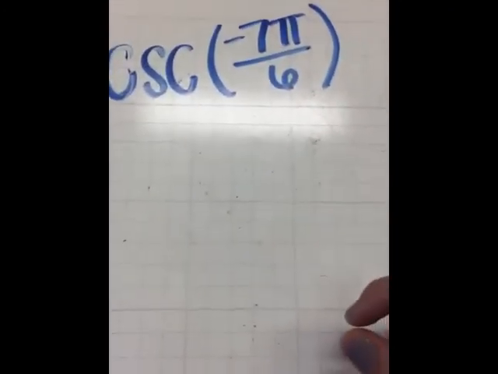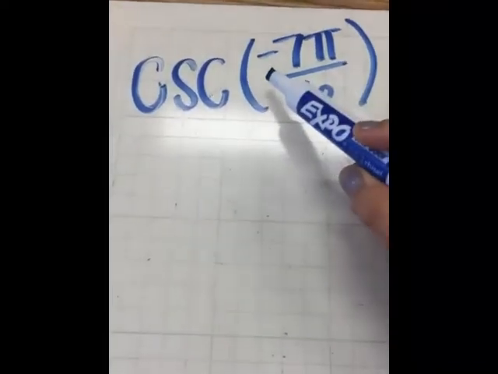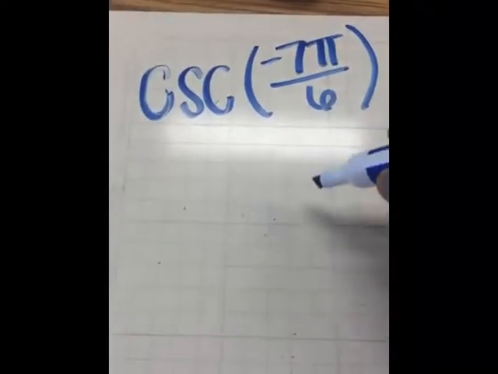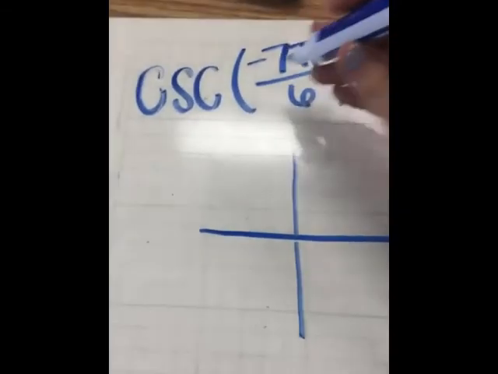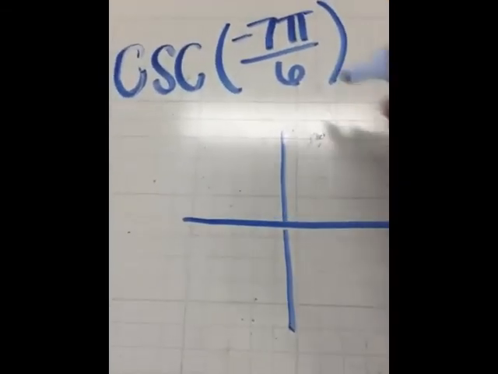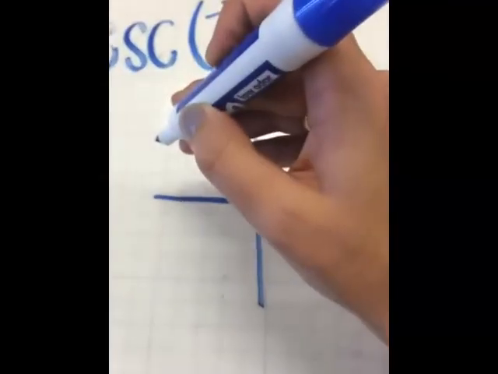All right, so here is an interesting example where your angle is negative. So when we are going to set up our triangle on our coordinate grid, when it's negative, you're not going to go counterclockwise, you're going to start at 0 and go clockwise.